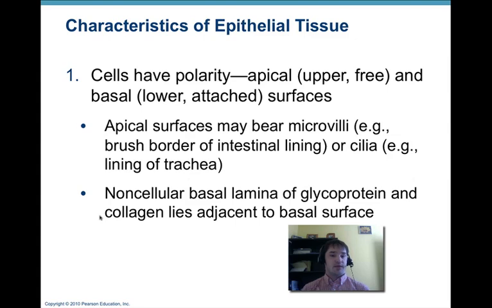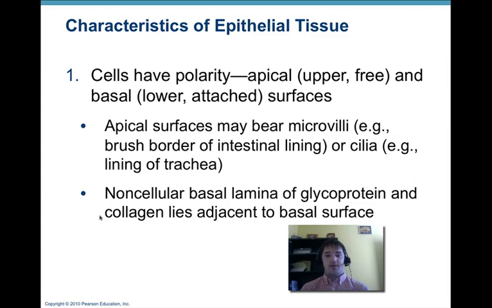These help with absorption of food chemicals in the intestinal lining. They can also have cilia, like in your trachea and in your lungs. These help to propel mucus and trapped bacteria out of the airways.